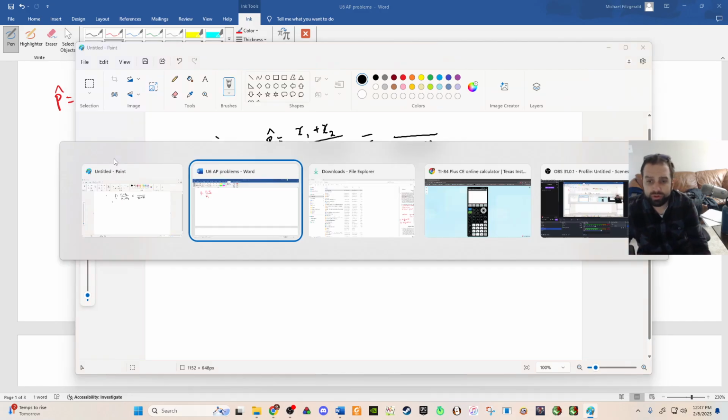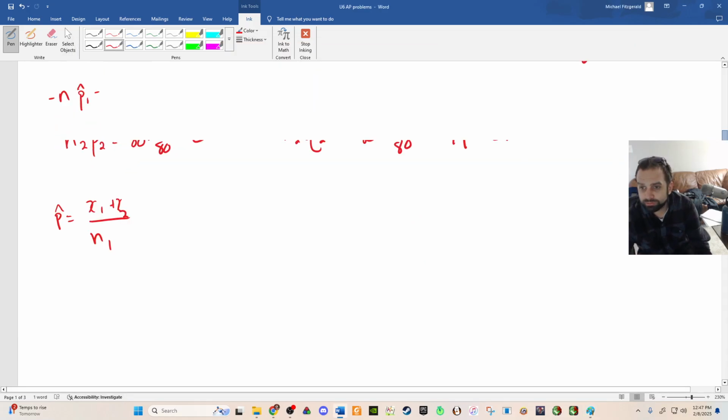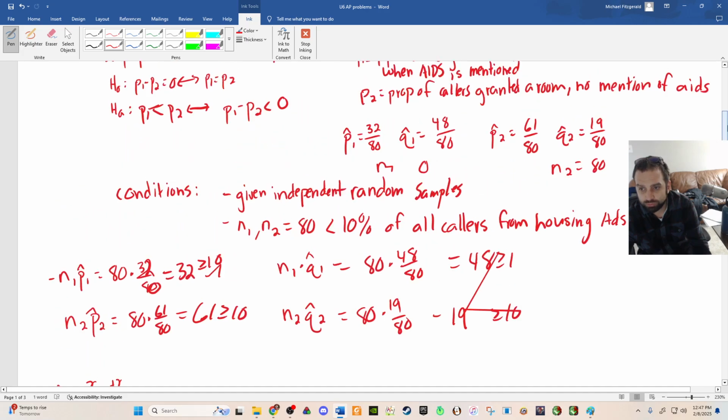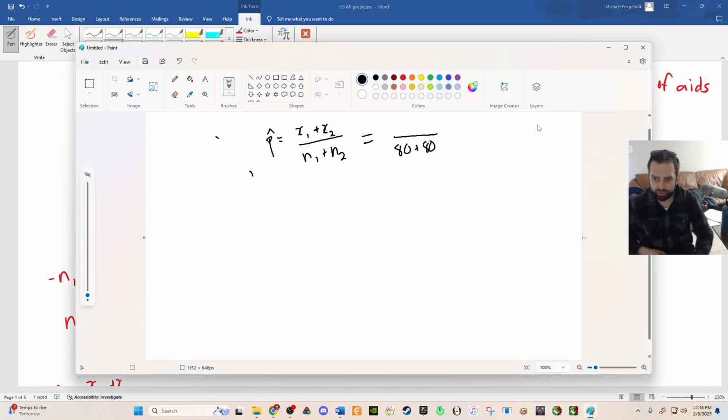The numerator for p hat 1 is 32, and the numerator for p hat 2 is 61. So that gets us 93 over 160. My combined p hat, and my combined q hat is 67 over 160.